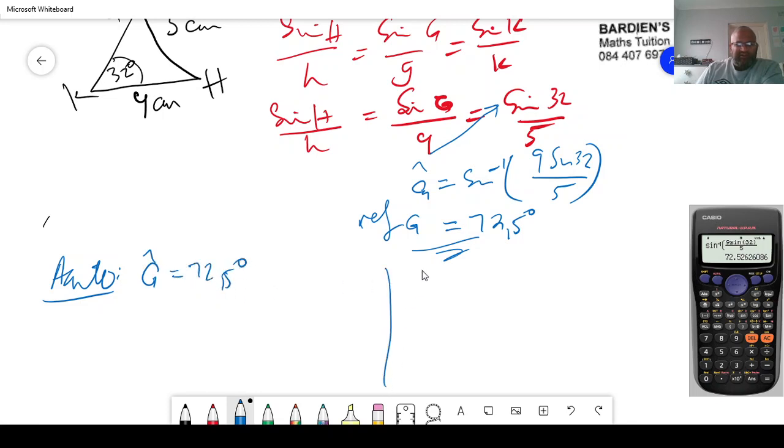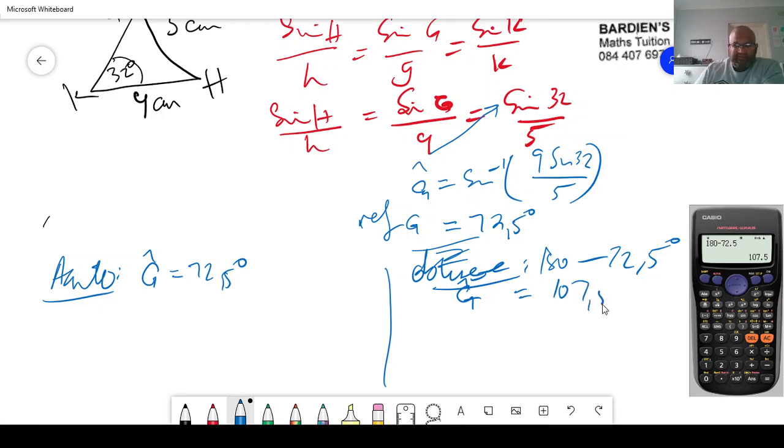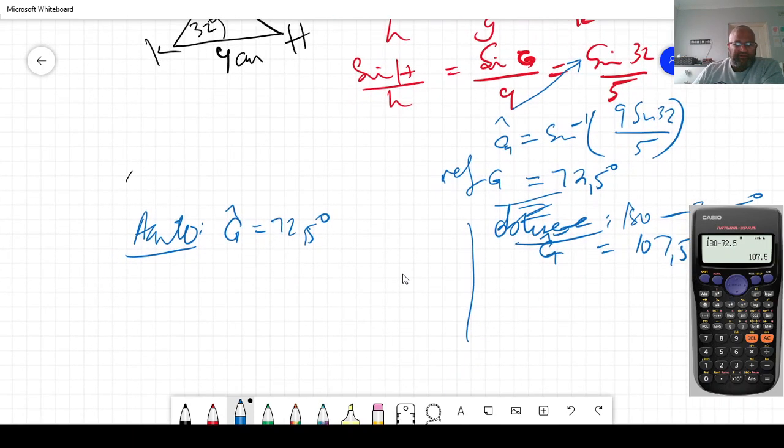If it's obtuse, it's going to be 180 minus 72.5 degrees, which makes angle G 107.5 degrees. Let's go with the fact that it's acute.